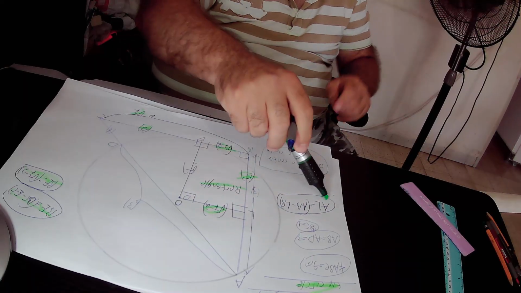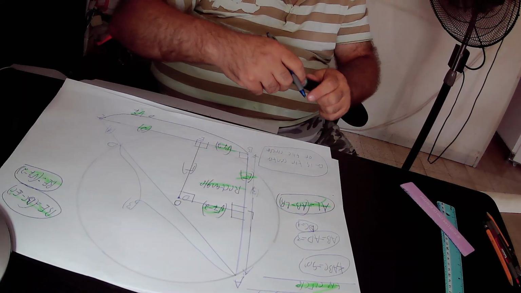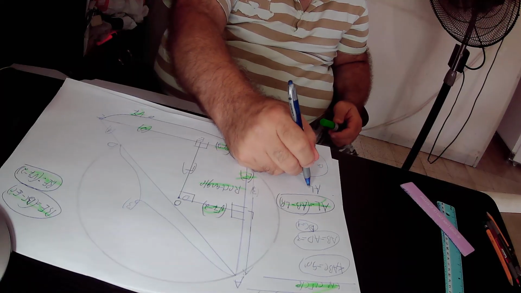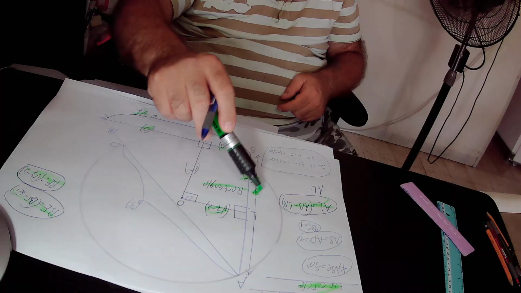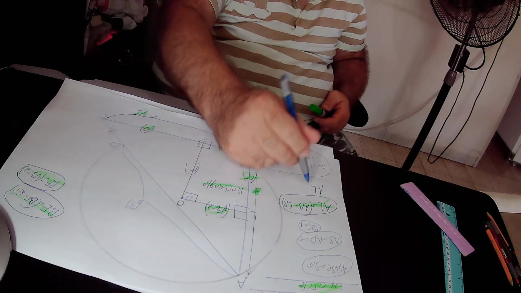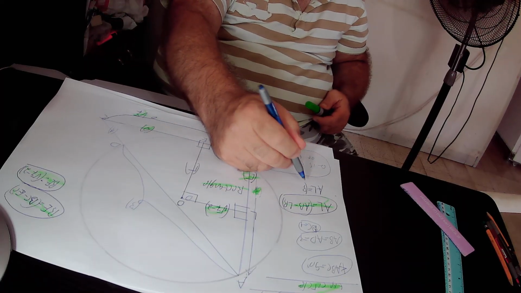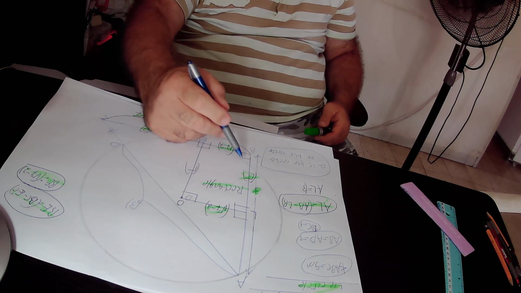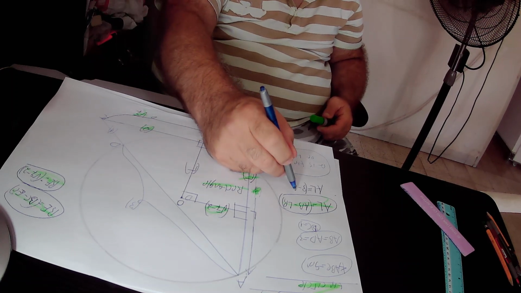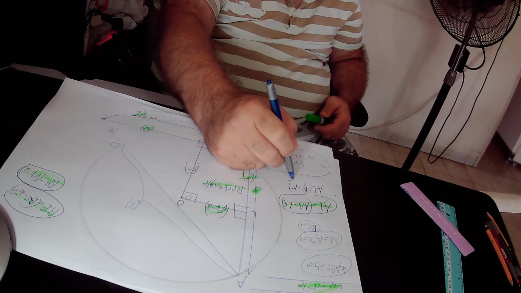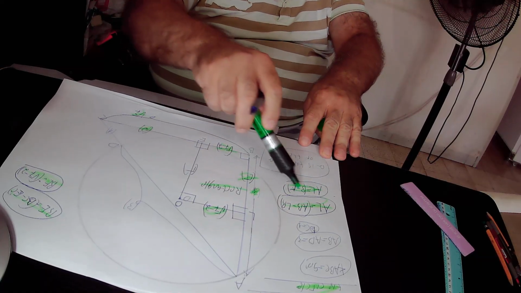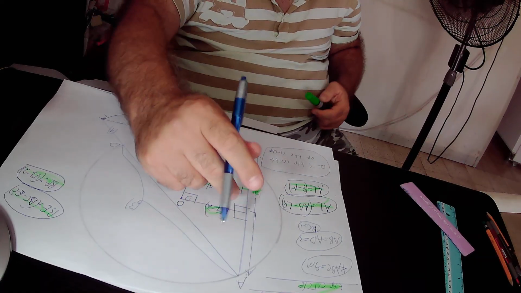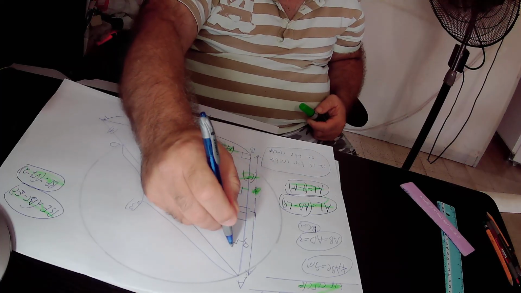AB equals 3 units in length according to the given information, and LB is R. So in total, we find that AL equals 3 minus R units in length. This is AL, that is equal to 3 minus R units in length.